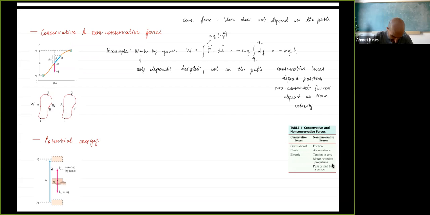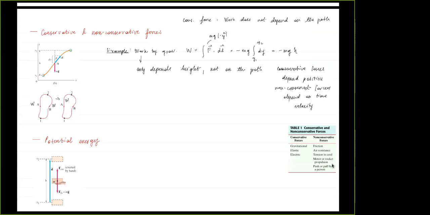Now let's consider this second case. Path A is exactly the same, but path B is reversed. This one is in the reverse direction compared to this one. This is up, this is down, if you like. So my question to you is, what's the work done on the object from point 2 to point 1? W?